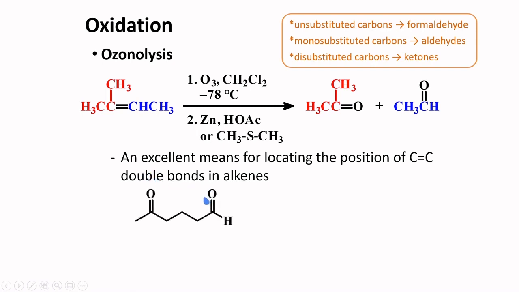For example, this one. If this is a product of ozonolysis, can you determine the initial structure of this compound? Here you just need to look at the position of this double bond O and this double bond O. They are probably connected.